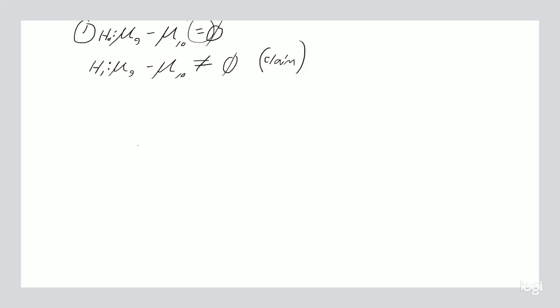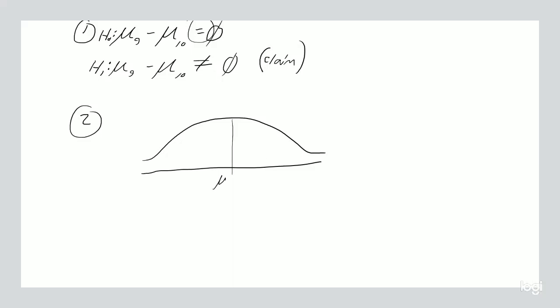So then step 2, we want to find our critical regions, right? So that population mean in the middle, we're assuming it's 0. And if you recall, our alpha was 0.01. So half of that is going to go here, and the other half is going to go here.